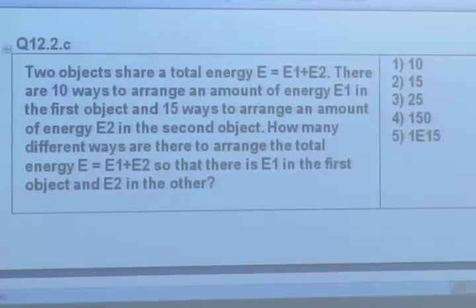So E1 is some number of quanta times the amount of energy in one quantum. E2 is some number of quanta. There are 10 ways to arrange an amount of energy E1 in the first object, and there are 15 ways to arrange amount of energy E2 in the second object. How many different ways are there to arrange all the energy so that the first object has E1 and the second one has E2?